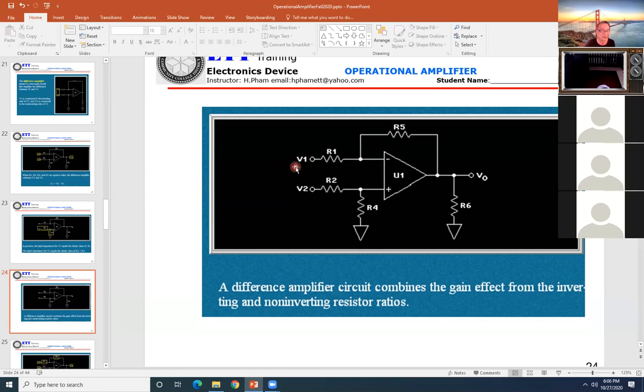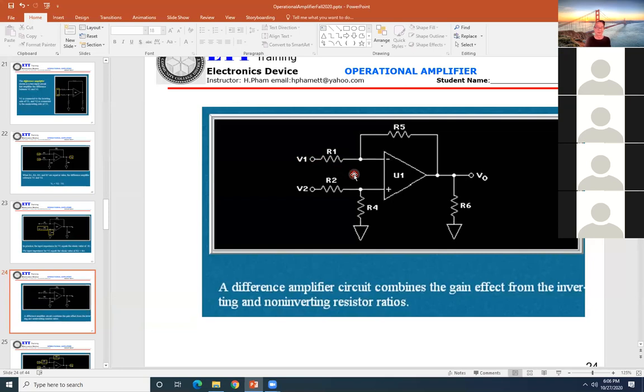Correct. And I want to know the gain for that non-inverting. 1 plus R5 over R1. I don't have an F here. Correct, 1 plus R5 over R1.